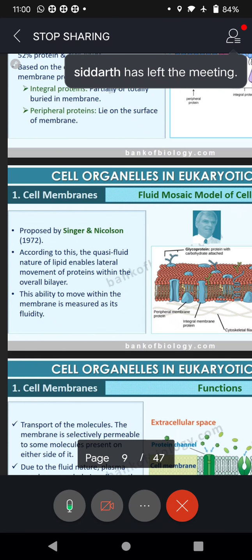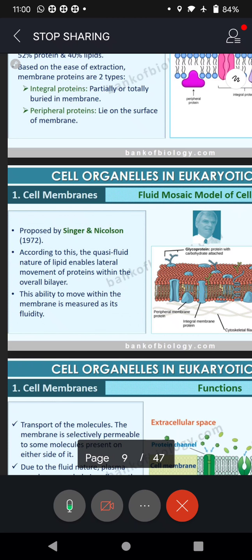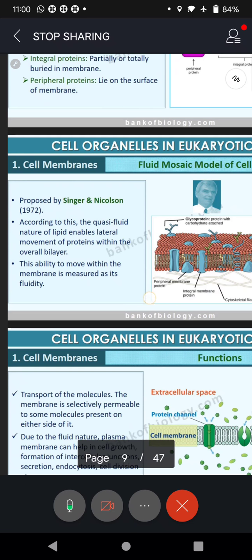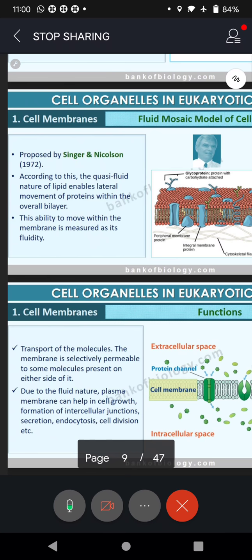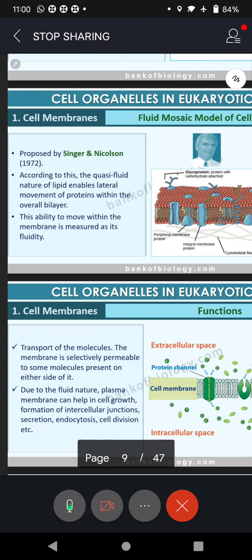So that's why the name fluid. And a mosaic, you must have heard, no? In some of your houses, the flooring will be of mosaic plates, meaning a lot of design will be there on the plate. So this is the fluid mosaic model.